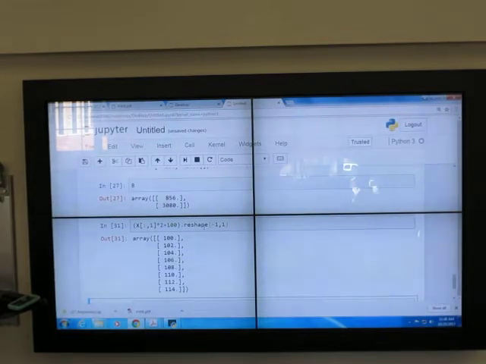Now is the time to solve the system of linear equations. In this case, it's just two equations, two unknowns.